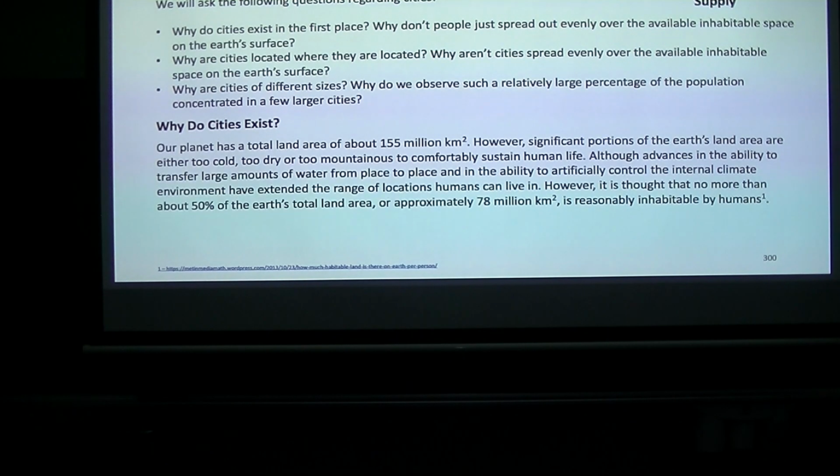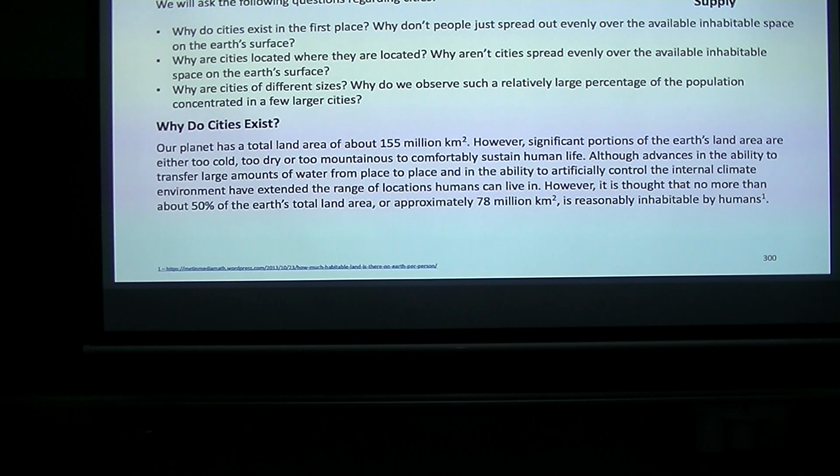We can see them. If you recall, we've talked about market areas, and that market areas can be circular around, and on a line. We're going to think about market areas and ultimately why do cities exist?